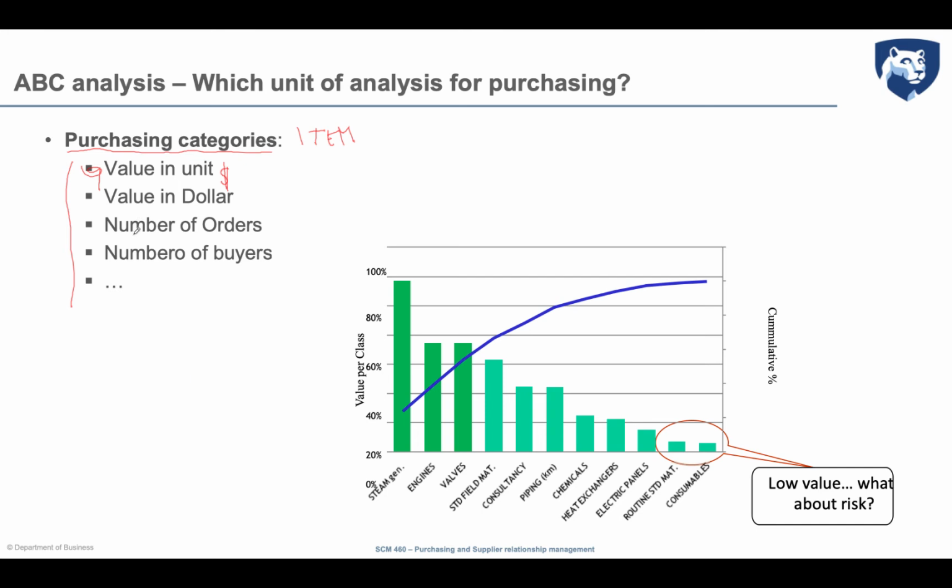Or we can be interested in classifying the purchasing categories not in terms of quantity managed, not in terms of how much we spend, but in terms of orders managed last year, or in terms of number of buyers that have been employed to manage this category. So, same item, different variable of analysis.